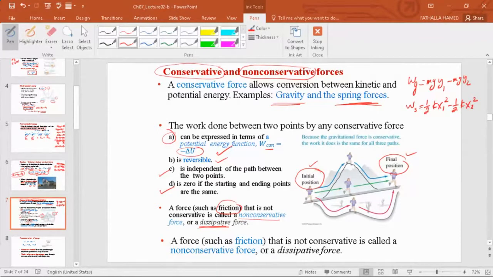They take energy away from you. So these types of forces, we call them non-conservative forces. When the force does not conserve our energy, it makes us lose some energy. We'll talk later a little bit about where this energy goes when we lose it, or we call them dissipative forces.